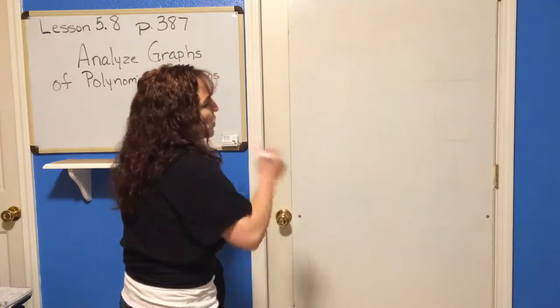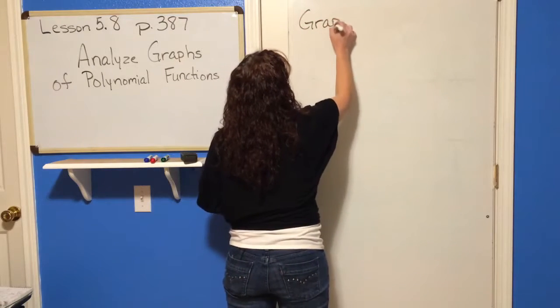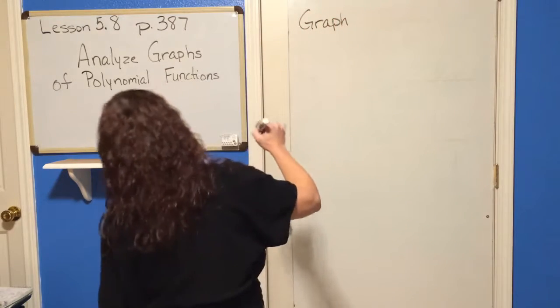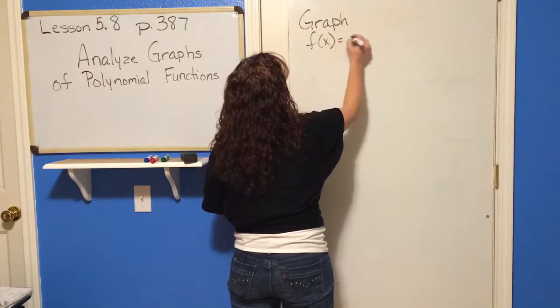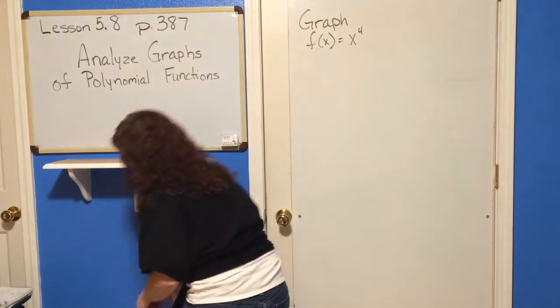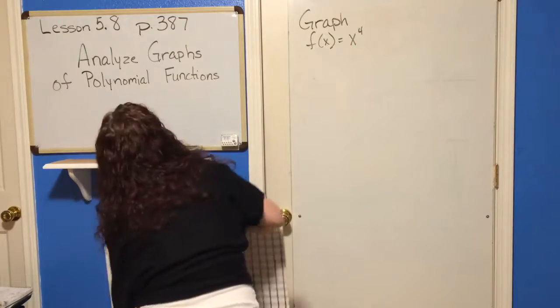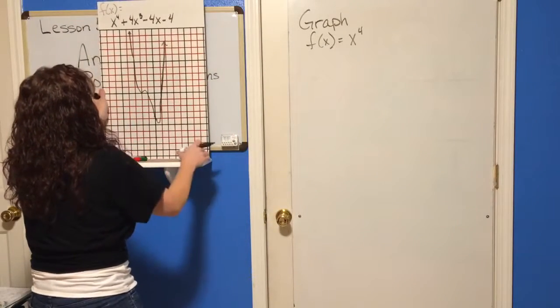So what we're going to do is I want you to graph, and what is the equation, the function? Let's just put it up here. So here's what we're going to do. And I've actually graphed it already. I looked it up on my graphing calculator.